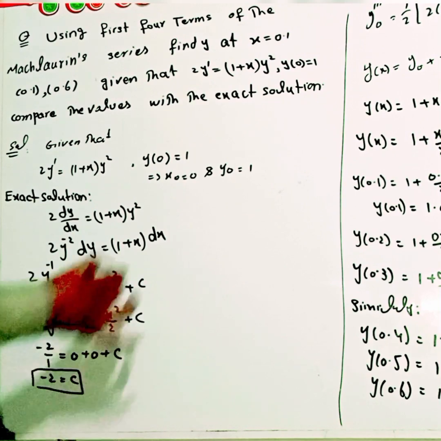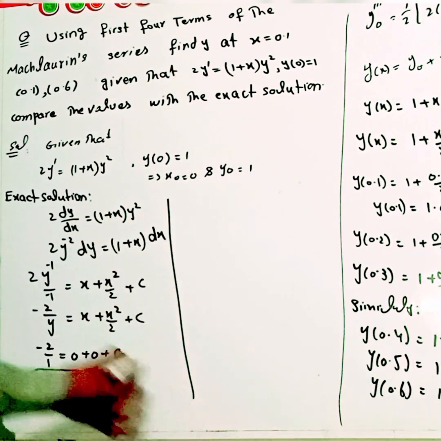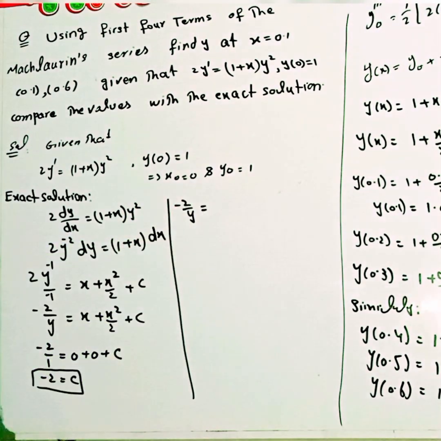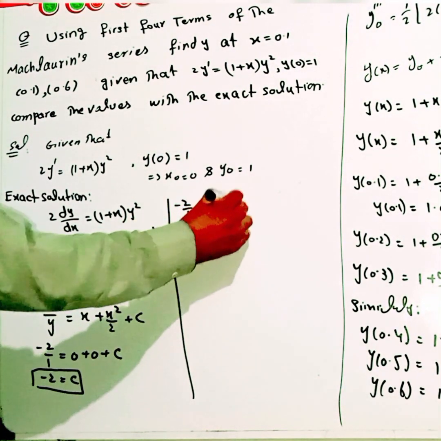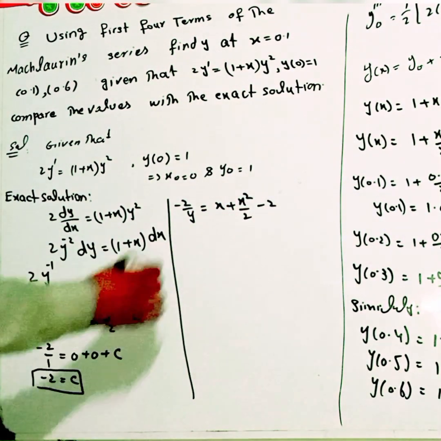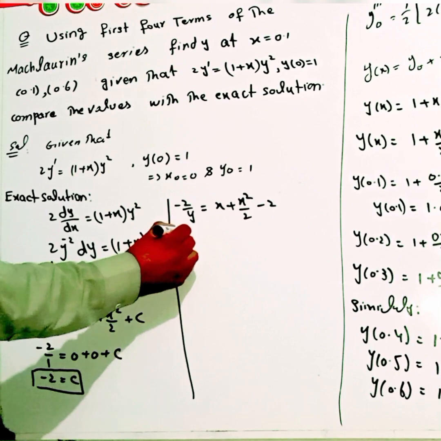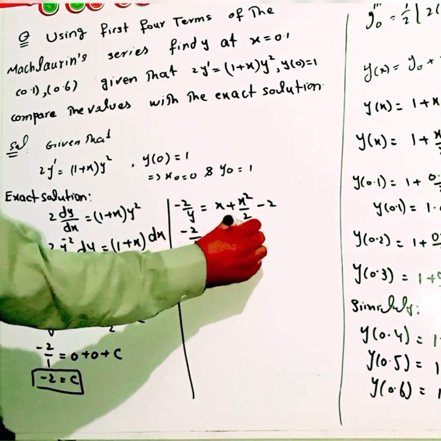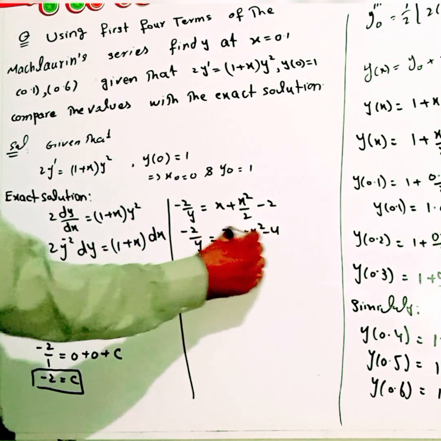By putting the value of c in the general solution, we have minus 2 over y is equal to x plus x square over 2 minus 2. It can be written as 2 over y is equal to 2x plus x square minus 4 over 2.